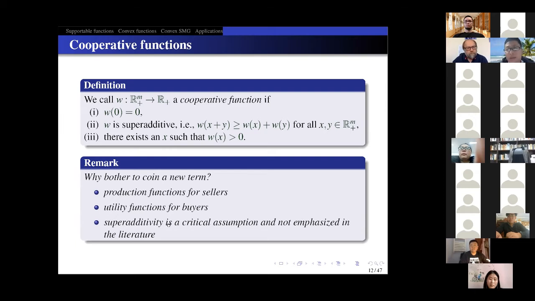This assumption is not so usual. We know that in economics, in the general equilibrium theory, people usually assume that the utility function or the production function is concave. Although concavity and superadditivity do not contradict each other, we may feel that the overlap is not very large. So this is why I call it a new term.